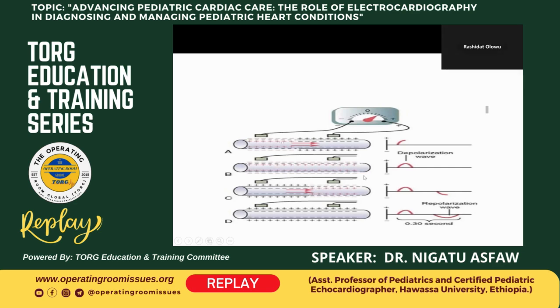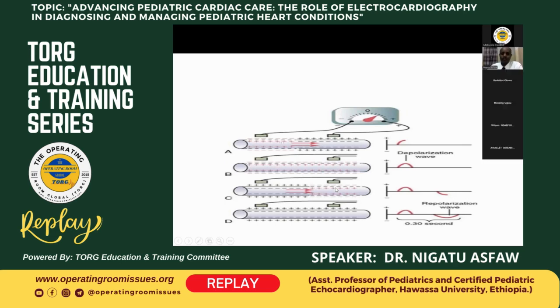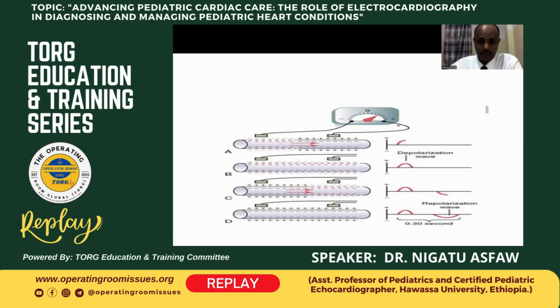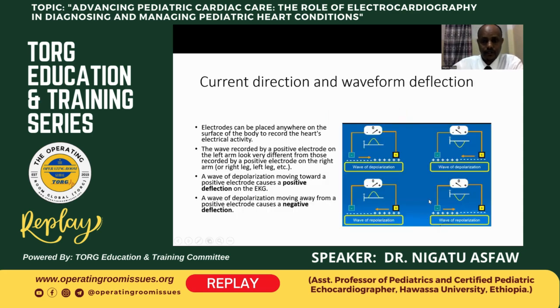If a wave of repolarization is moving toward the positive electrode on the pericardial or limb leads, we get a negative deflection. This is a further pictorial presentation of the waves of depolarization and repolarization on the ECG.